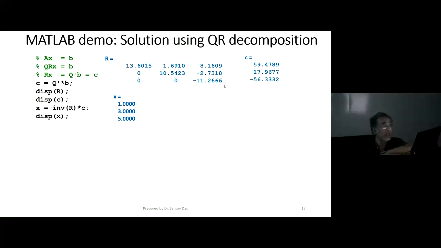So I can use back substitution to solve it. Here, instead of invoking a specific back substitution algorithm, I know that inverting an upper triangular matrix is easy. So X equals R backslash C I wrote, and that's the solution. This X, I get this solution, 1, 3, 5.